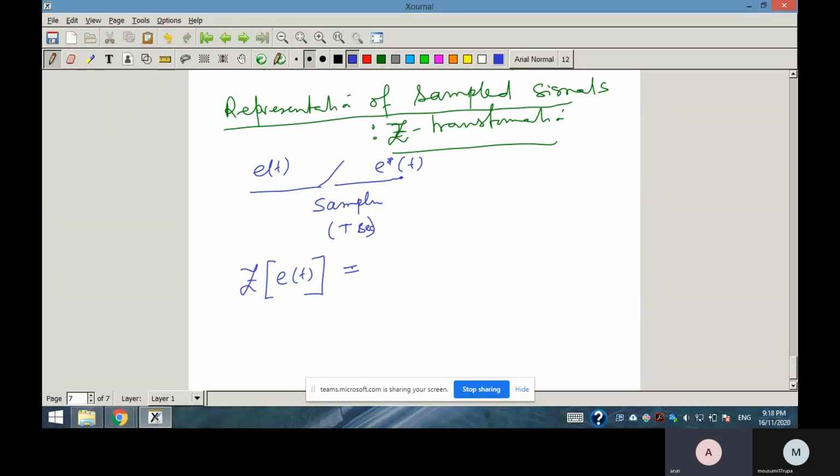So the Z transformation of e(t) is, by definition, equal to the Laplace transform of e star(t) with e to the power sT equal to z. The Z transform of e(t) is defined like this. So this will imply what? Z transform of e(t), what is it?